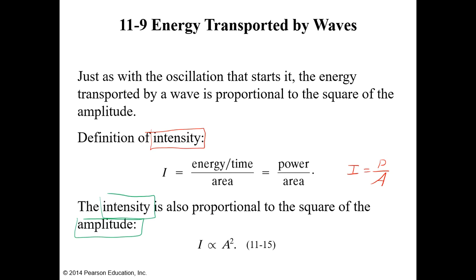But what happens if you double the amplitude? Well, if you double the amplitude, that double is squared, which means you increase the intensity by a factor of 4. So that's an important point to note. But this deals with amplitude, not area. It's kind of confusing because they both use the same letter, but I just need that to be clear.